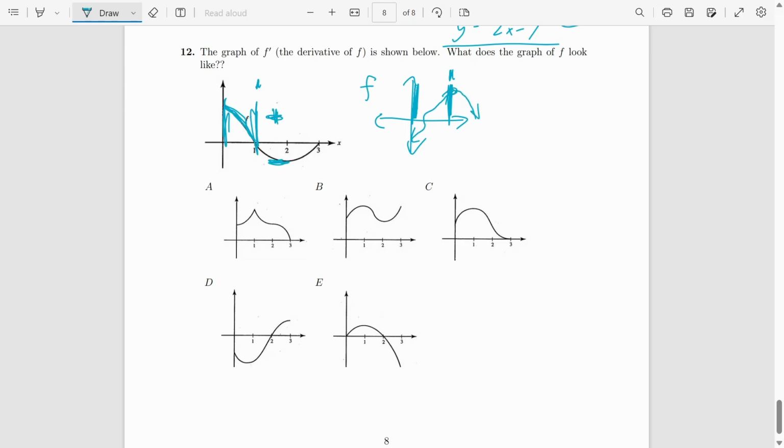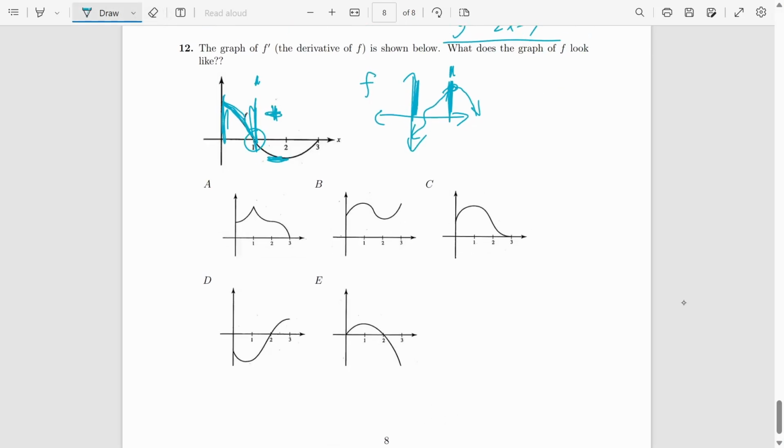At this point it'll be like a little hump, and its derivative will equal 0. What is going on? My glove is acting up. And then the opposite for this bottom part will be decreasing until it levels out, and the derivative will equal 0 at that point.